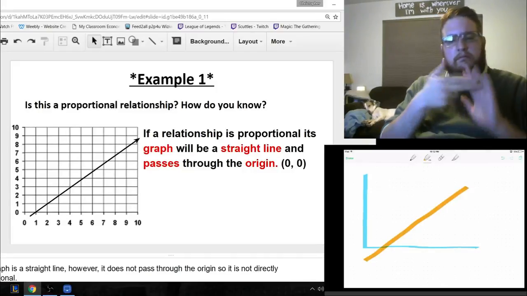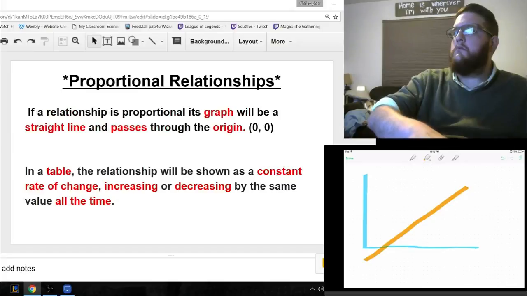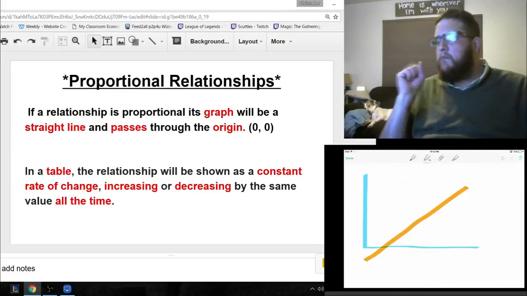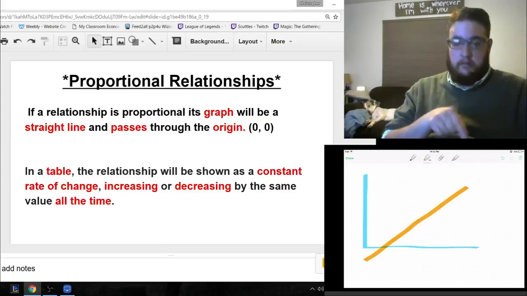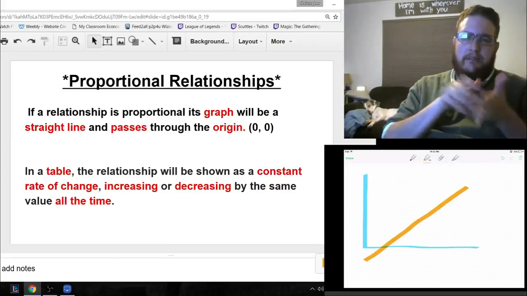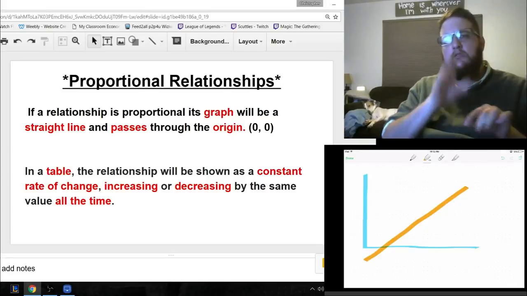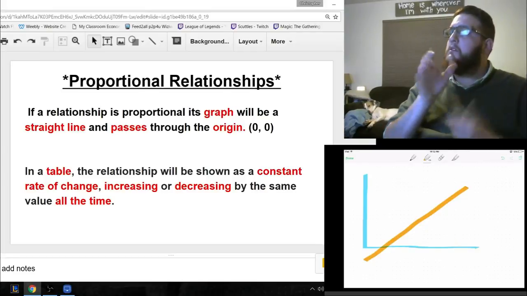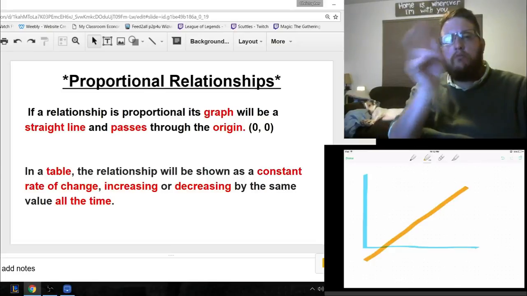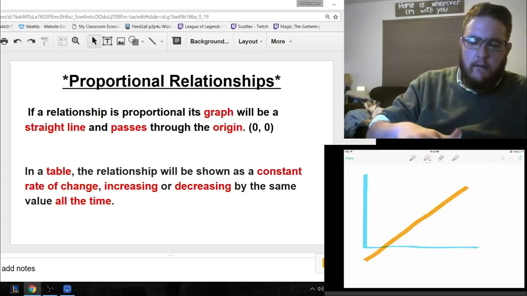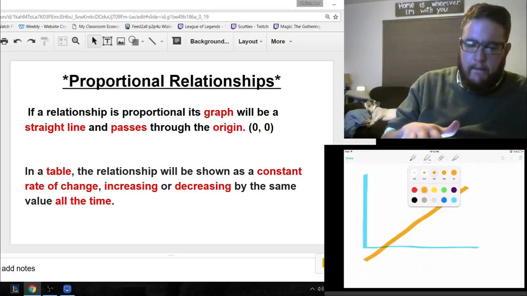So let's go back and look at what a graph must do in order to be proportional. If you look in the first sentence, if a relationship is proportional, its graph will be a straight line and pass through the origin. Well, this is a straight line. I mean, my handwriting's not the best, but it's supposed to be a straight line. And the next part requires it to pass through the origin. Now, let's again recall what origin means.